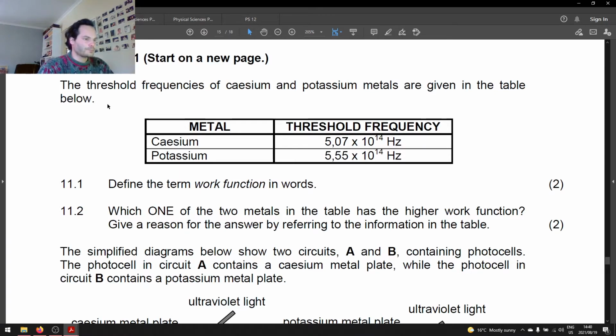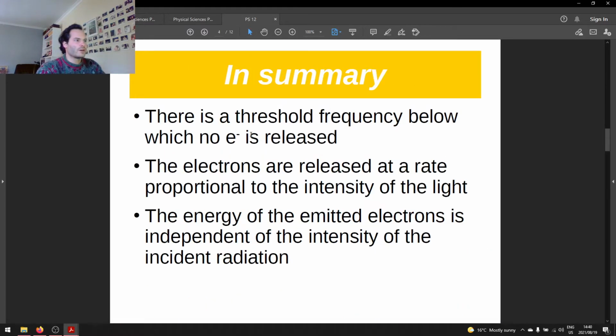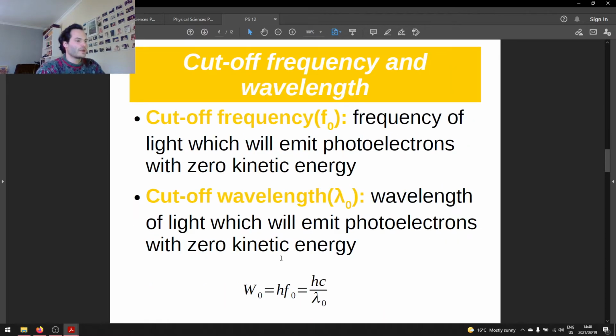They say, which one of the two metals in the table has the higher work function? Give a reason for the answer by referring to the information in the table. If we go back quickly to our work function, I can say that's h times the threshold or cutoff frequency, so h times f0.